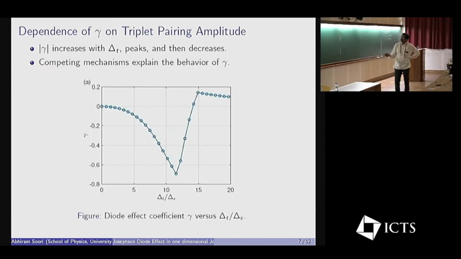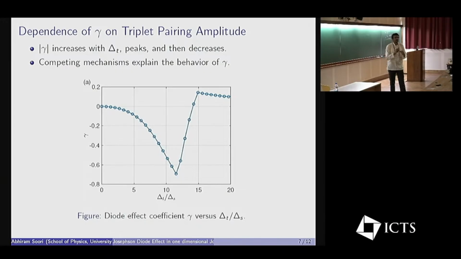Okay, so this is the Josephson diode effect coefficient versus the ratio of the triplet pairing to the singlet pairing amplitude for one particular set of parameters. So initially, as the triplet pairing amplitude increases, the Josephson diode effect magnitude increases, reaches a maximum and then decreases. The reason for this decrease is a competing phenomenon, which is that when your superconducting gap increases for the triplet pairing, more and more states within the normal metal participate in the transport.